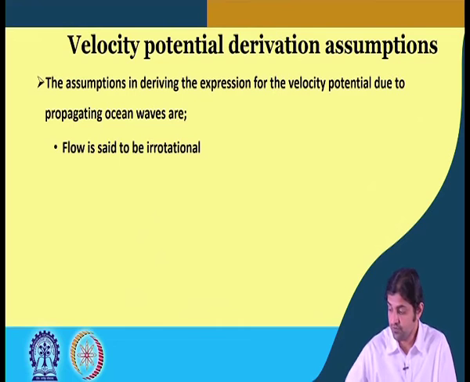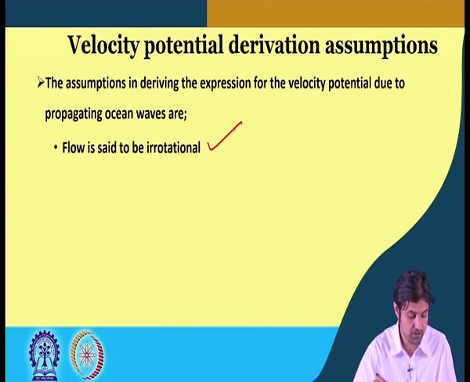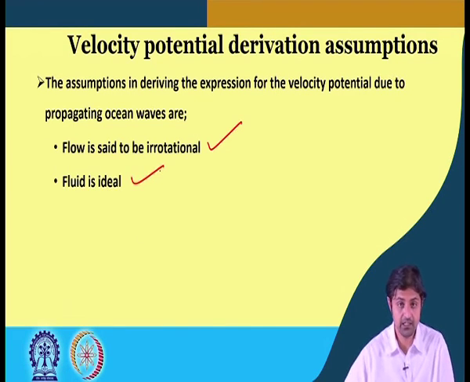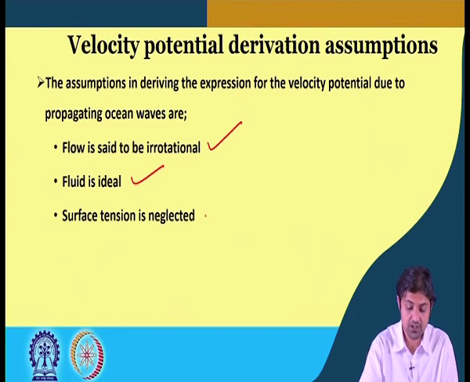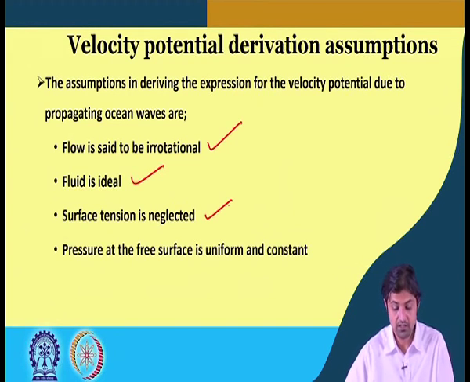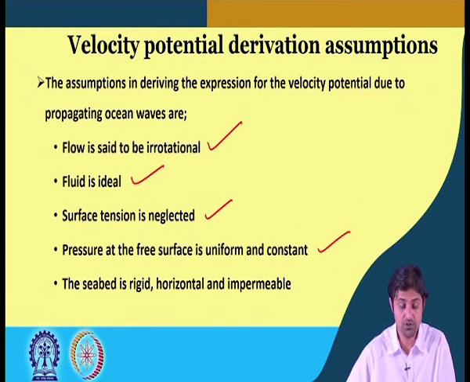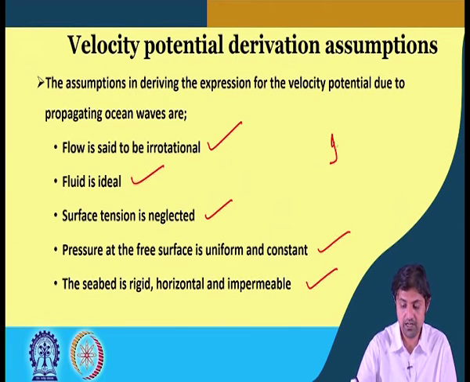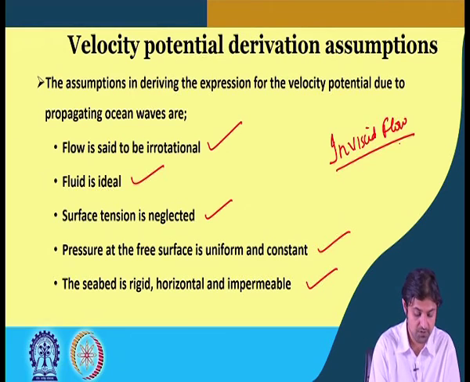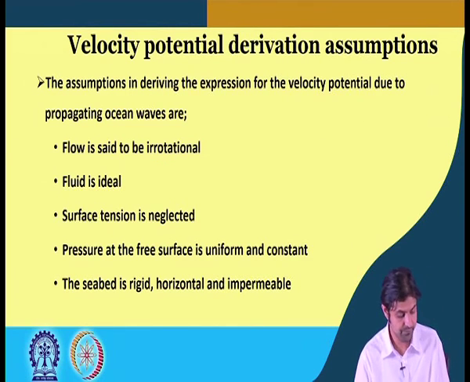The flow is irrotational, all right. The fluid is ideal, surface tension is also neglected, and the pressure at the free surface is uniform and constant. Also the seabed is rigid, horizontal and impermeable. These are some of the top conditions, and this is ideal inviscid flow. Total ideal conditions we have assumed. All right.